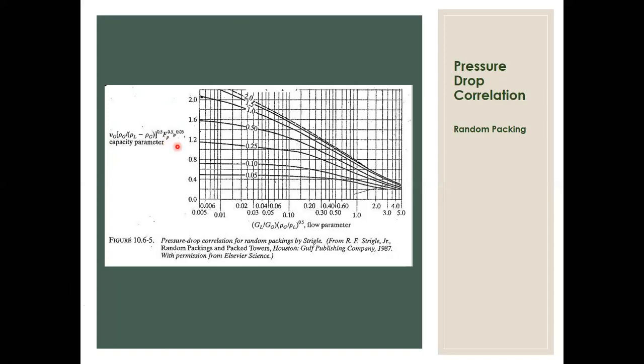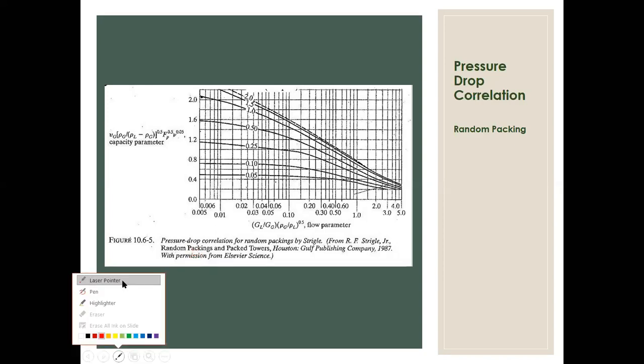And the rest of these are taken from the appropriate table. So we have the density of the liquid and the gas, the packing factor here, and the kinematic viscosity, which uses the viscosity and the density. Now, this is in the case of the random packing material.